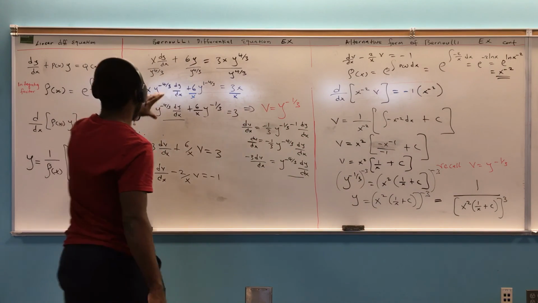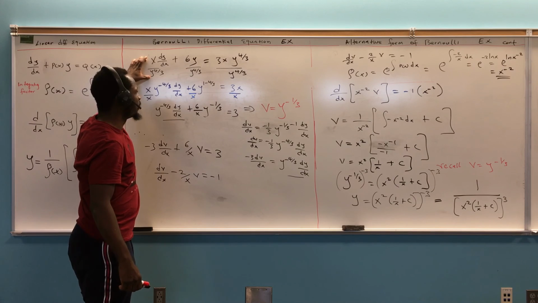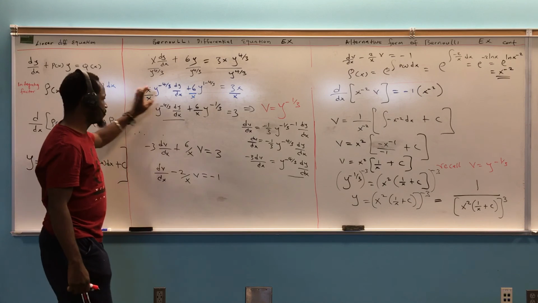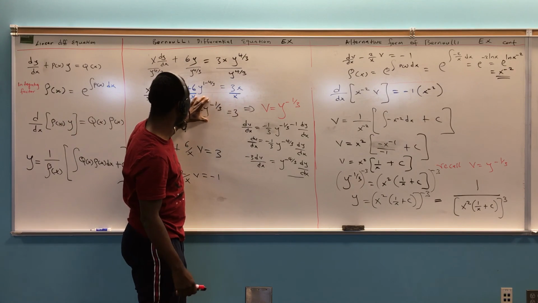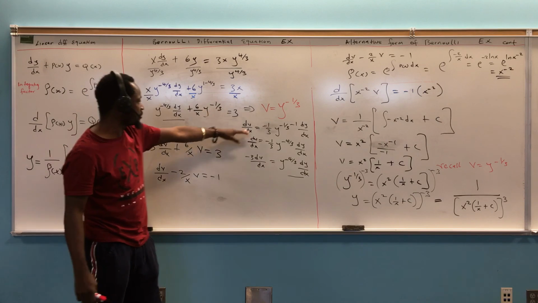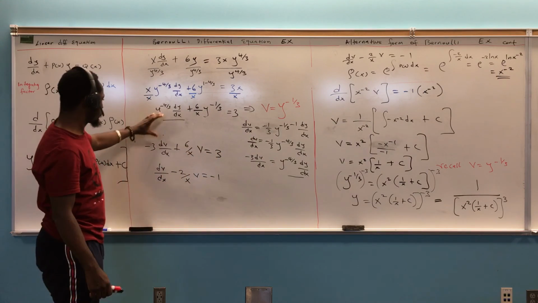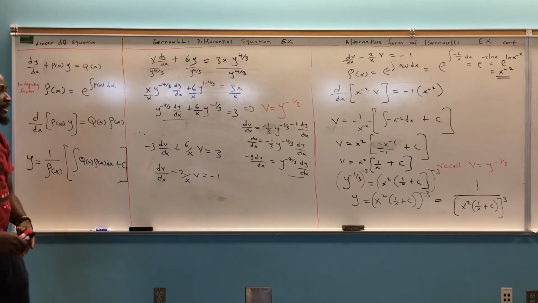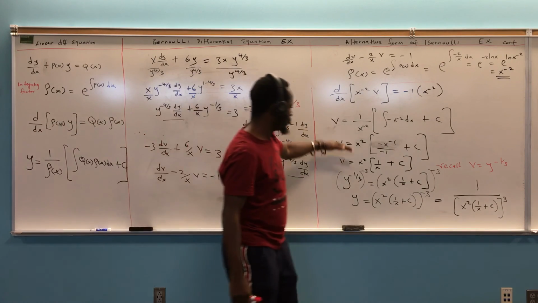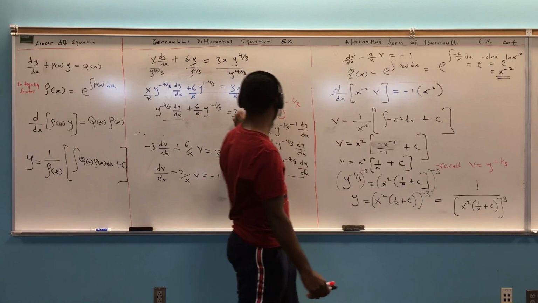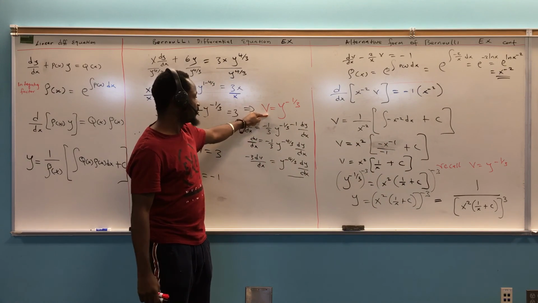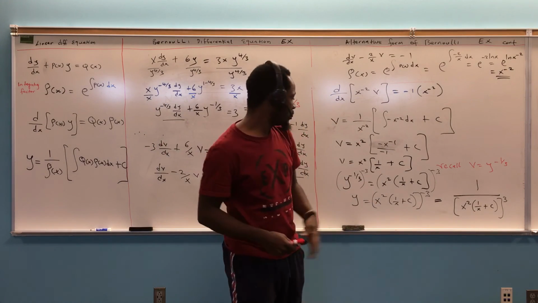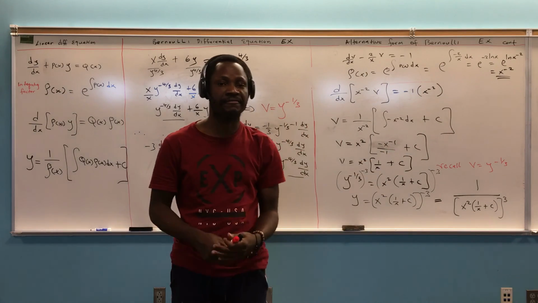So we start with Bernoulli. I reduce it to the form I like. I figure out what my y to the m is, replace it with v, transform it to linear, use the same approach we have in linear to solve it, and then update my solution by replacing that fictitious variable with the original variable, and simplify further.